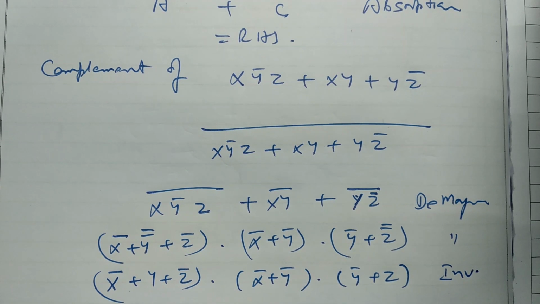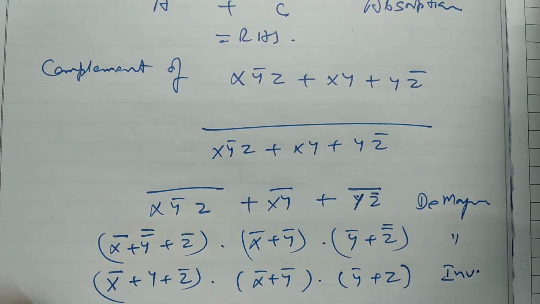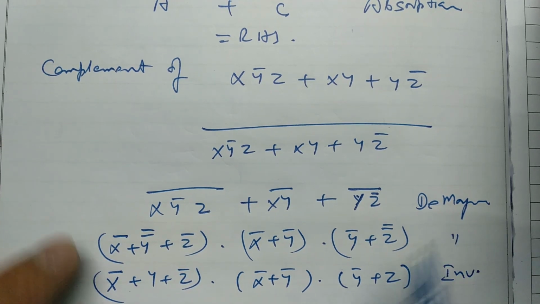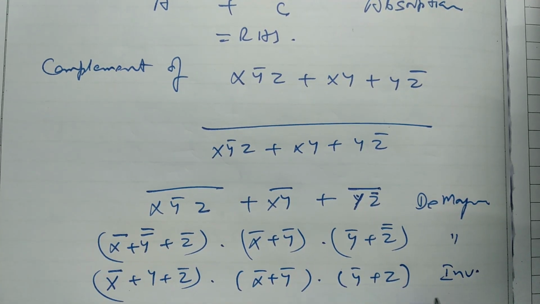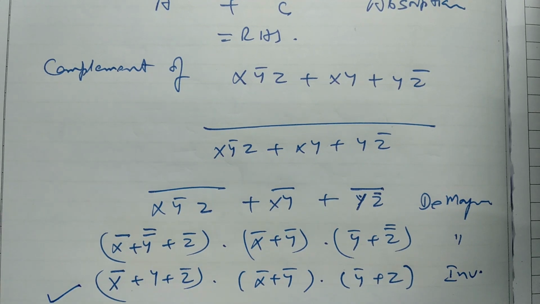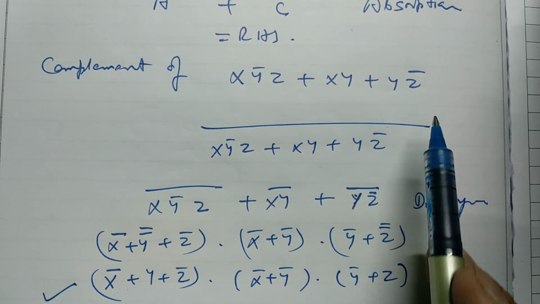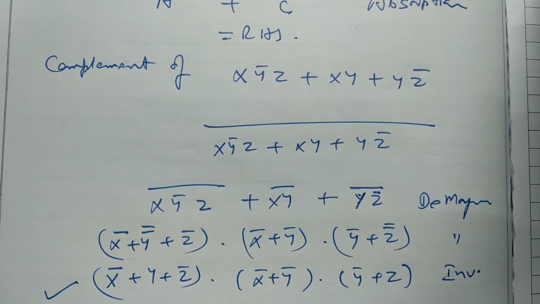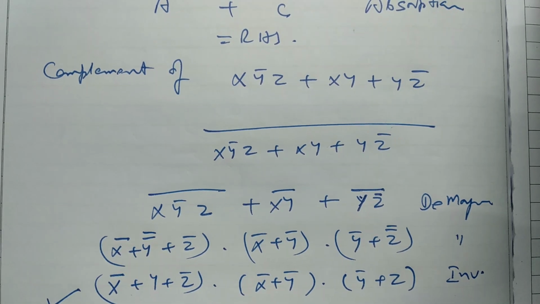Involution law. So this way, you cannot further find the complement of this. Complement means you apply De Morgan and then remove these double naughts. So this is your complement of the given expression. So that's all for today. Next topic I'll discuss in the next video.